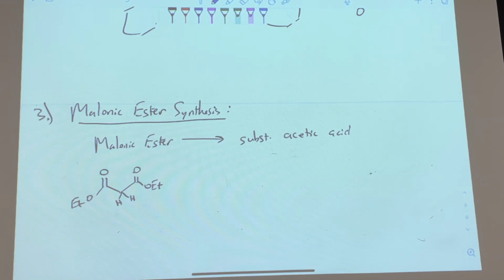So the pKa of these guys with the diester compound is about 13. And so they are easily removed. So I can take malonic ester, treat it with sodium ethoxide, and that's going to enolate or enolize the malonic ester.